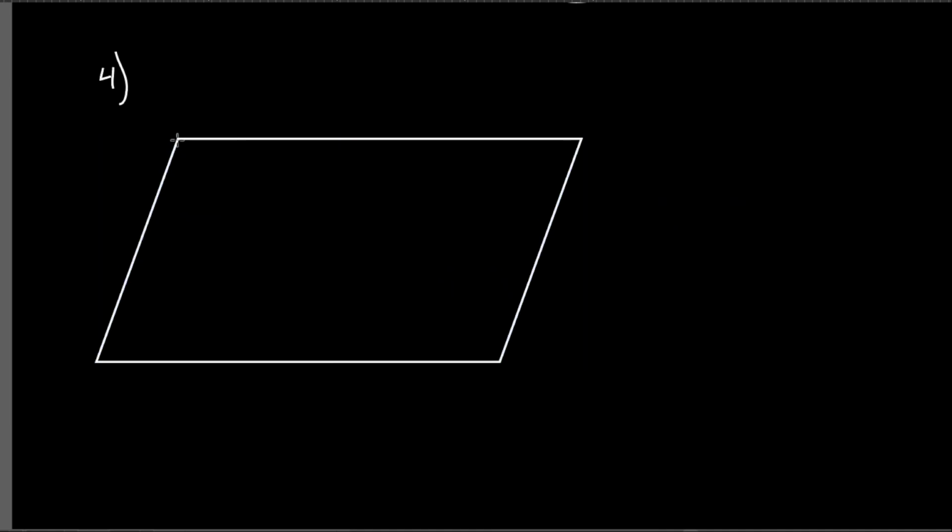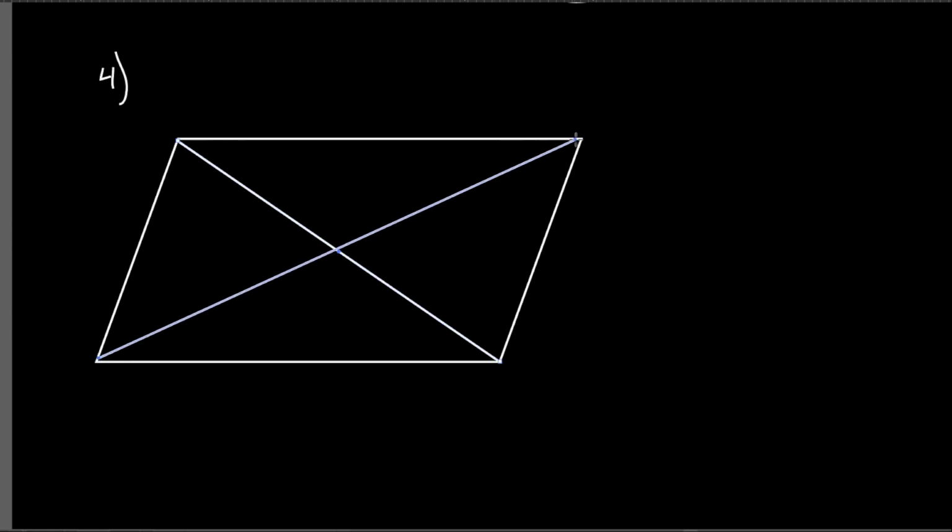All right, we got diagonals again. So there's one diagonal. There's another diagonal. This time we're dealing with the angles, okay? Not the sides, not the lengths of the diagonals. We're actually talking angles here. So we need to know something about the angles when you have diagonals.